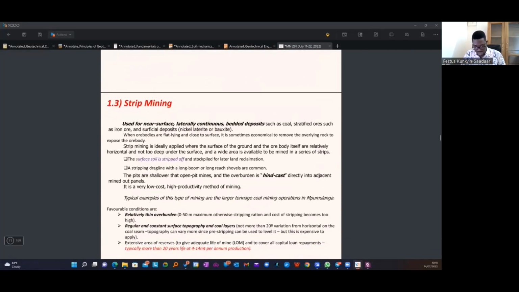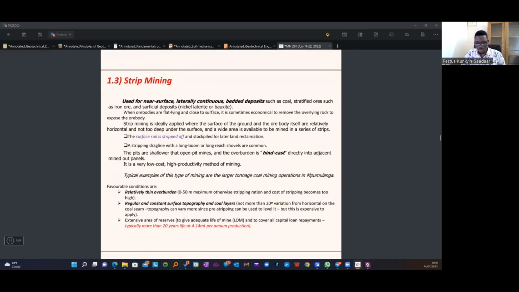Strip mining, I explained earlier that it is used for flat-lying minerals that are more or less laterally continuous. Laterally continuous means they are in layers, just like you would have biscuits in its sachet, flat-lying, well stratified.